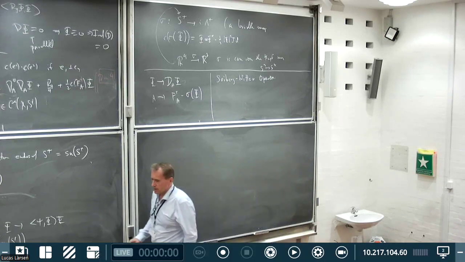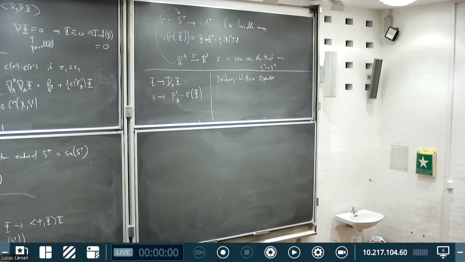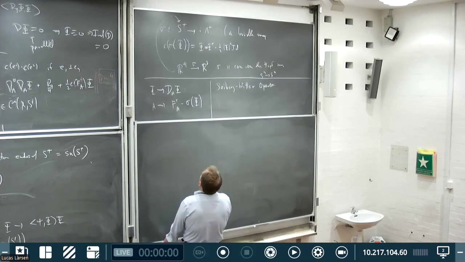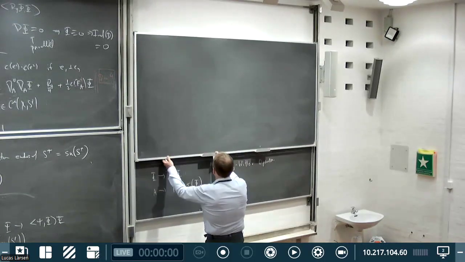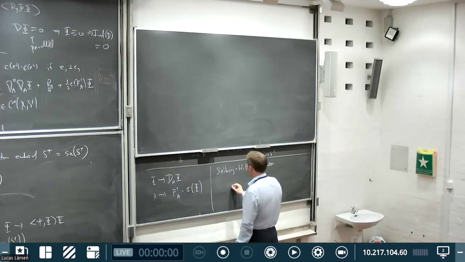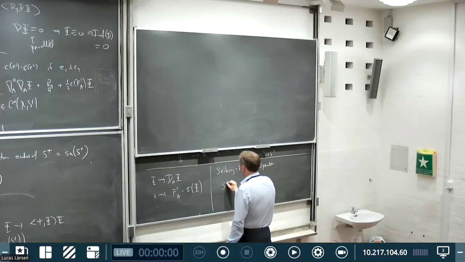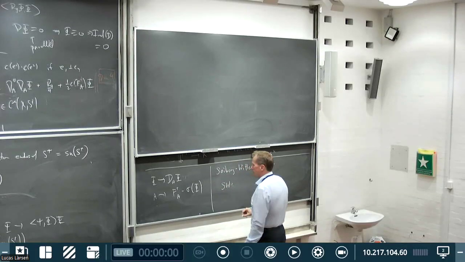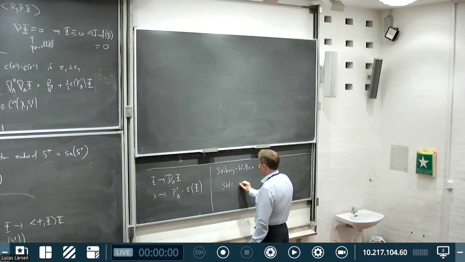That's the Seiberg-Witten operator, and I'm going to give it a name and some notation. I'm going to call it SW, and what does it do?